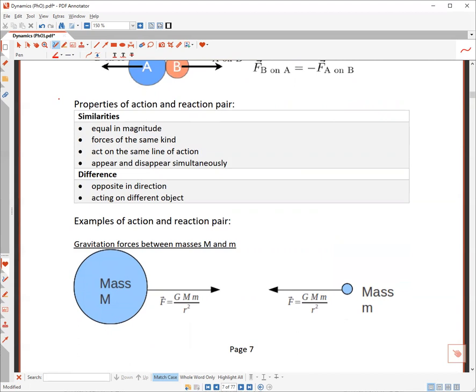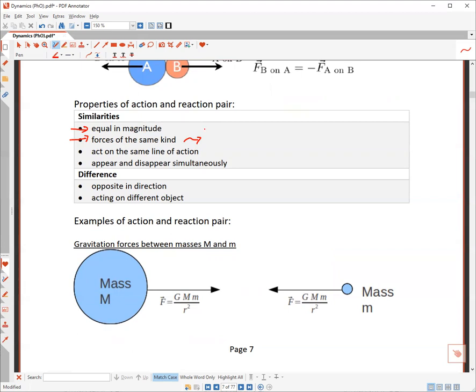So for the properties of the action pairs, they have the following properties. There is something in common. They have the same magnitude. They are forces of the same kind. So what does it mean? Let's say one of them is the weight, and the other one is also the weight. It can't be a pair where one is tension and the other is friction.